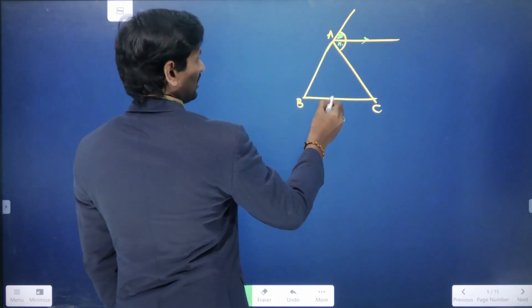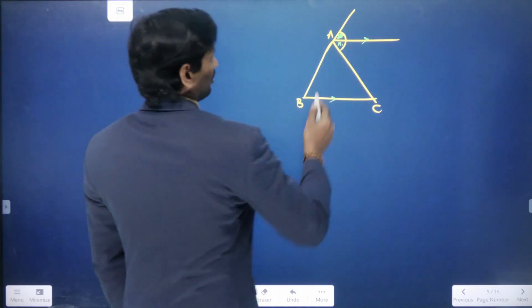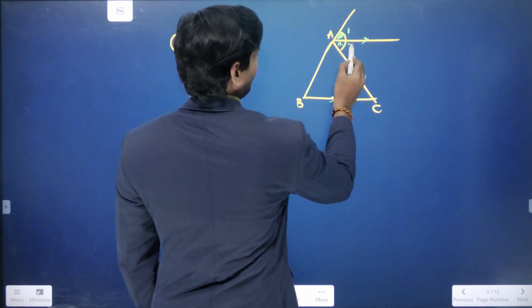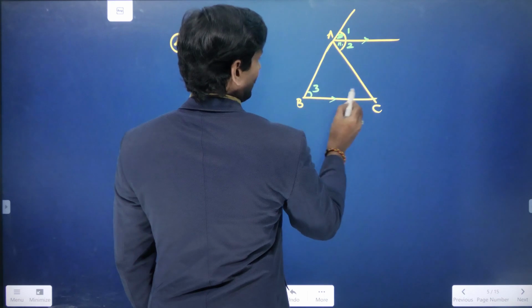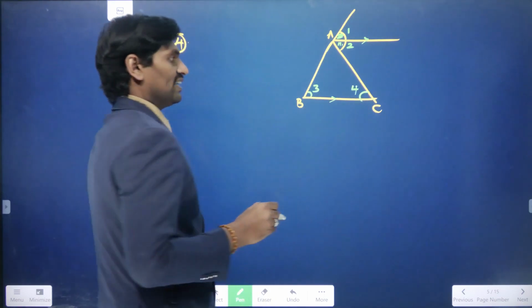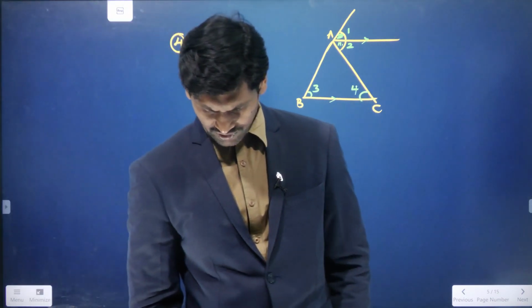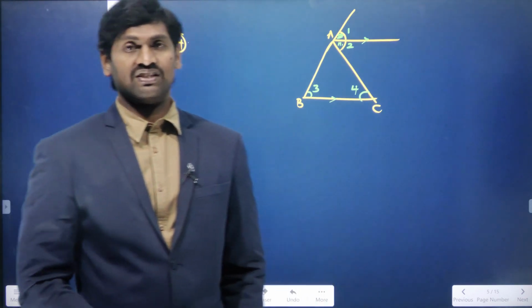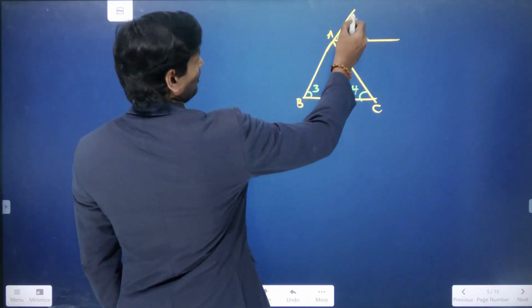That means this line and this line will be parallel. Whenever it is bisecting, it is dividing into two equal parts. So angle B I am considering as 3, angle C as 4. Now which type of triangle is it?